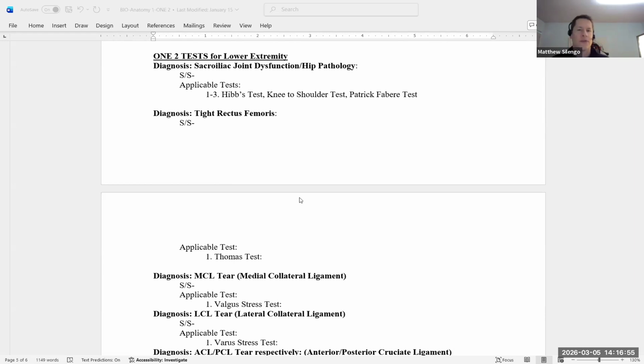So first off, again, you can see pretty broad brushstroke. Sacroiliac joint dysfunction slash hip pathology. In other words, there's some kind of jamming or irritation, arthritis, tightness, etc., in the areas around where the sacrum and the iliac bones meet up, the sacroiliac joints, or the hip joints themselves.